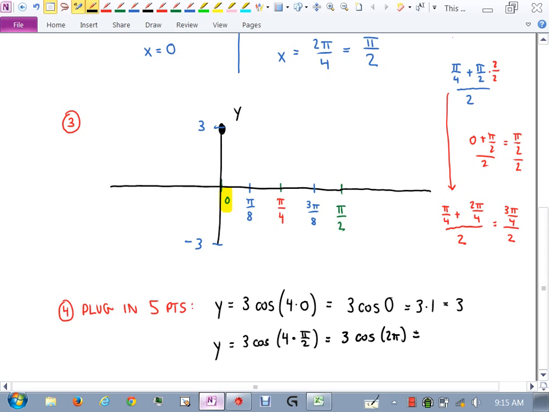So now again, you're asking yourself the same question. Cosine is the x-coordinate. Go to an angle of 2 pi. So here's 0, come around, pi is 180, and then come back around. That's 2 pi. So where are you? Back at 1, the x-coordinate is 1. So that's also going to be 3 times 1, which is 3. So up here, we're there. Okay?